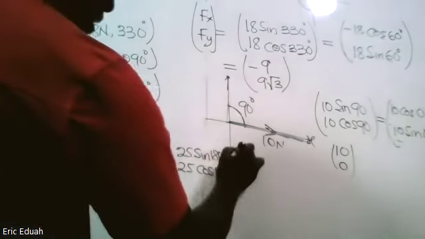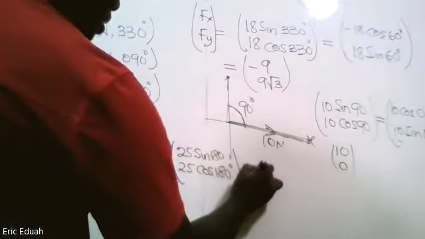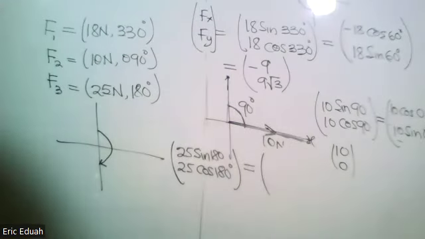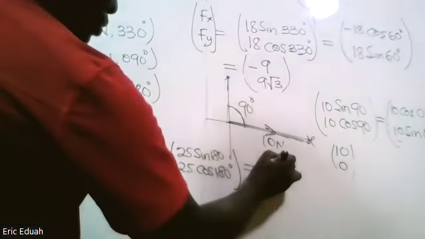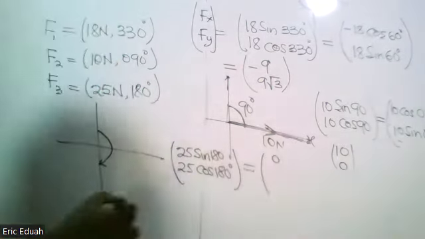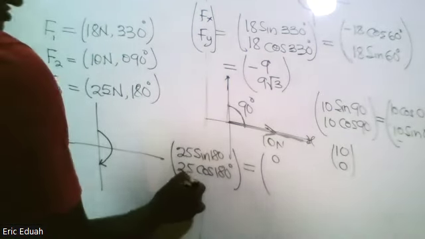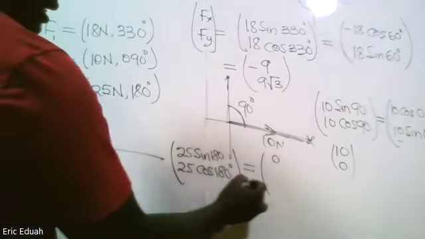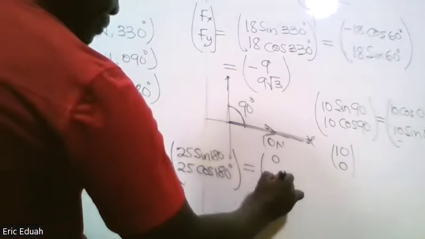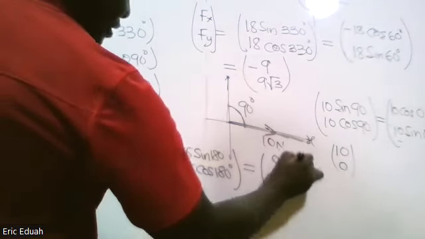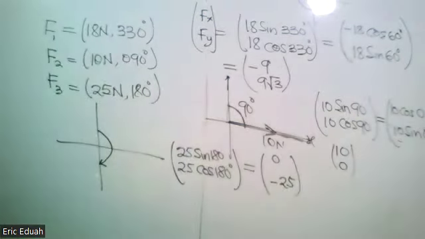Now what is sine 180? Sine 180 is 0. So 0, and then cos 180 is -1, so minus 25.